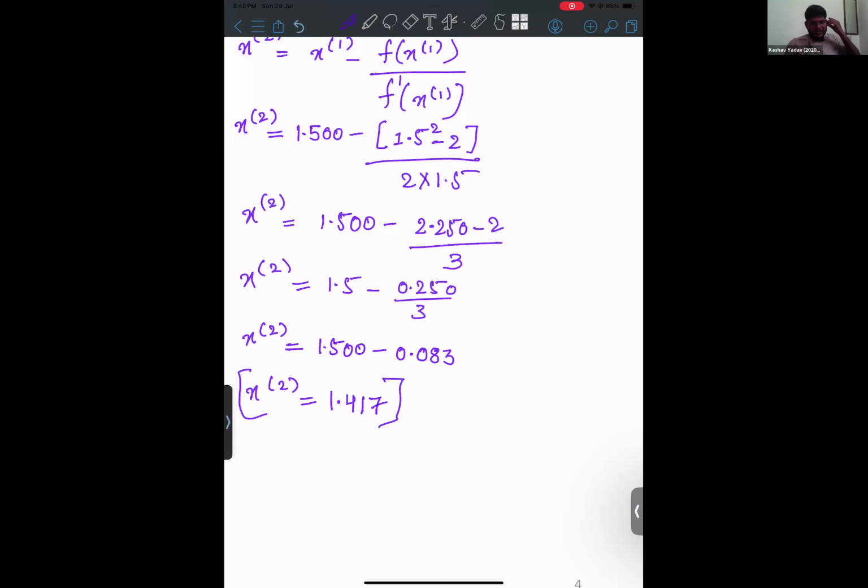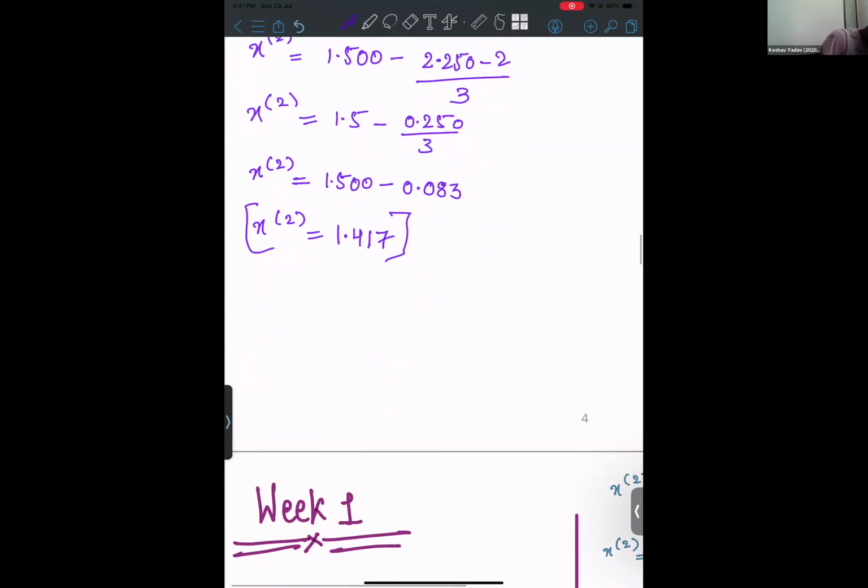So what will be the value at the third iteration? Similarly, x at third iteration will be equal to x at second iteration minus f of x at second iteration divided by f prime of x at second iteration.